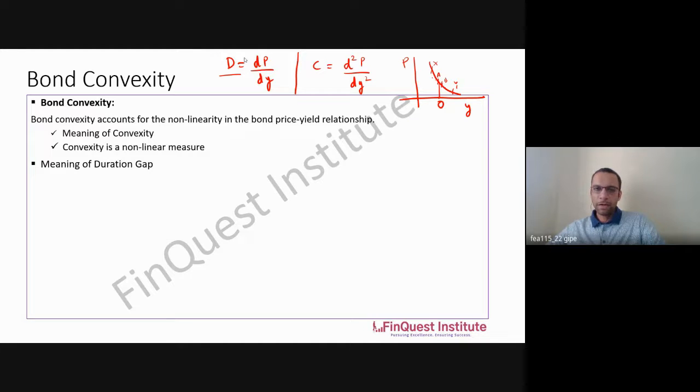But if you happen to join a desk which is specifically working on structured products, whereby you have bonds with optionalities, or maybe if you're transacting in MBS or ABS types of securities. In India, we don't really have an active market for securitized products, but if you join a firm abroad and they are specifically dealing in securitized products, then yes, you will have to factor in convexity as well.